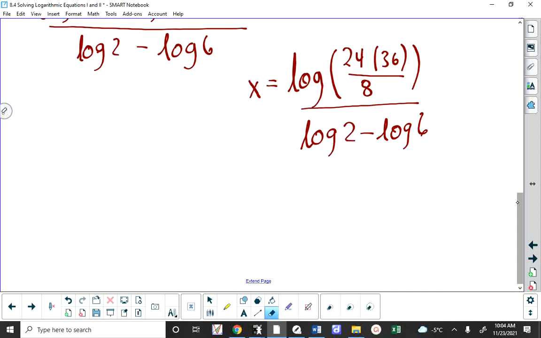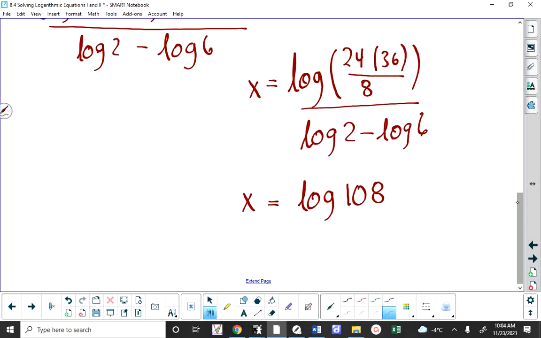We'll get to that in a second. 24 times 36 over 8, I believe, is 108. So x is equal to log 108. Let's pause there. Do you have to do this? Well, it depends. The math needs to be traded for other math sometimes on an exam to find the appearance of your answer that matches the question.